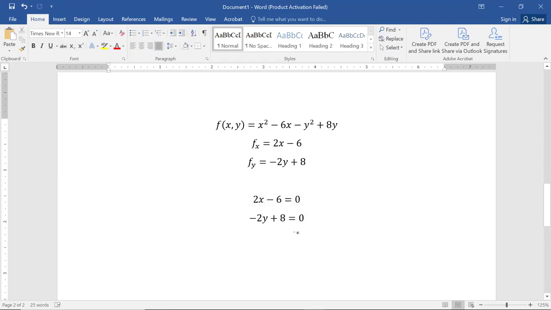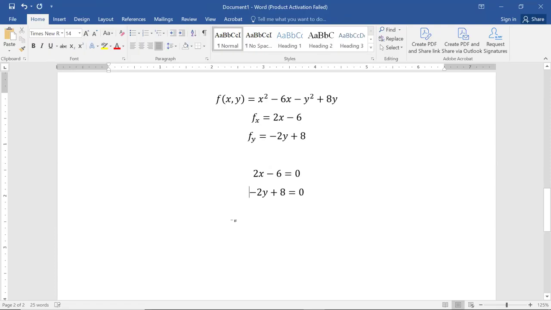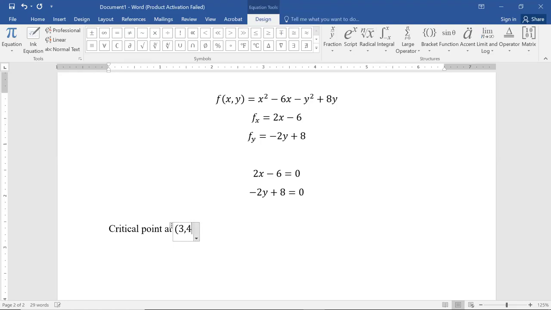And this system of linear equations has only one solution. And that solution is the point 3, 4. So we get one critical point at the point 3, 4.